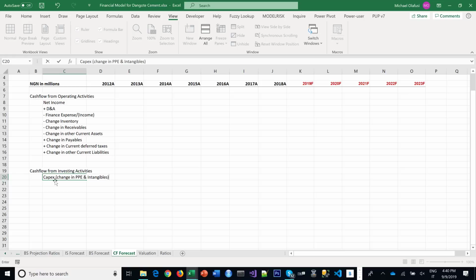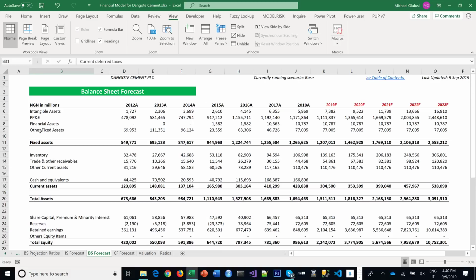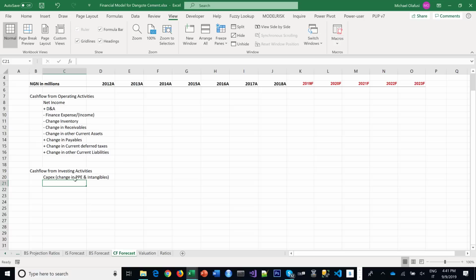Okay, so I can take both of them as our capex, and by the way, this will be negative since when you buy. Then also any other thing that falls in our long term, let me come check. So for long term, my other fixed assets. If other fixed assets goes down, financial assets, all of these I'm going to also move them there. Change in financial assets, change in other fixed assets.